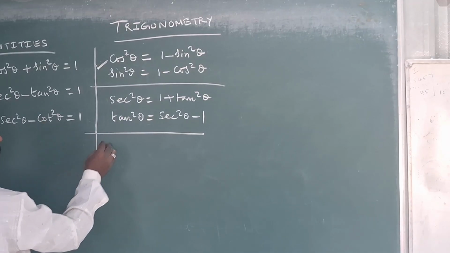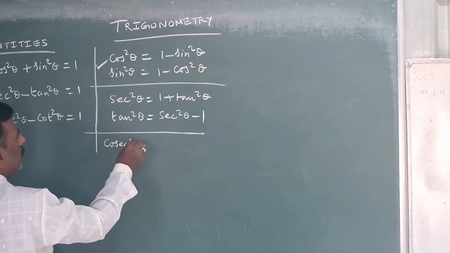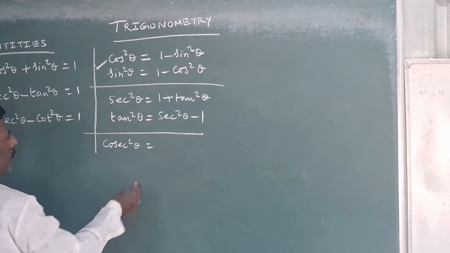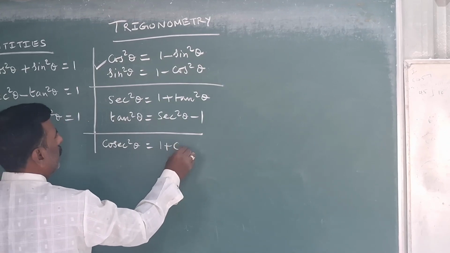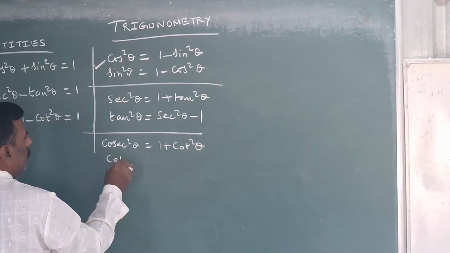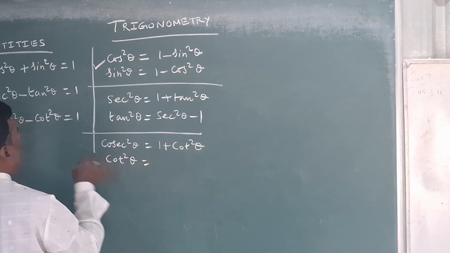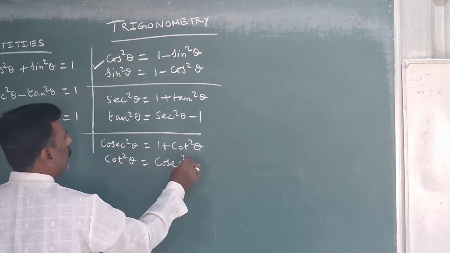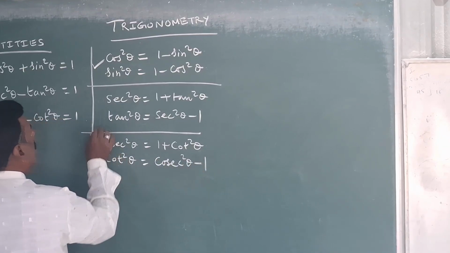From the third identity, if you need cosecant squared theta, bring this cot square theta to that side, we get 1 plus cot squared theta. If you need cot square theta, then the formula becomes cosecant square theta minus 1.